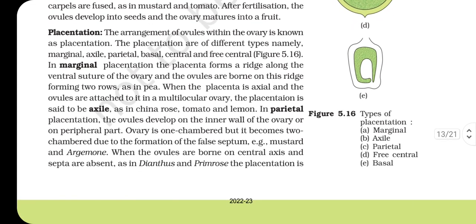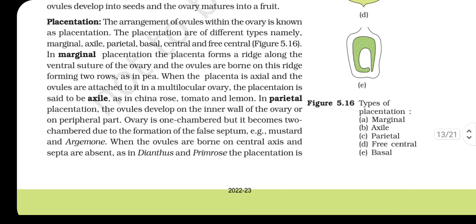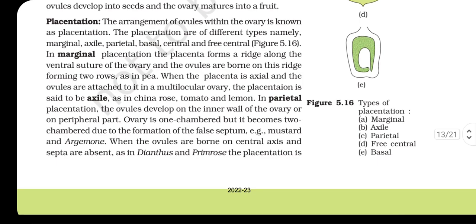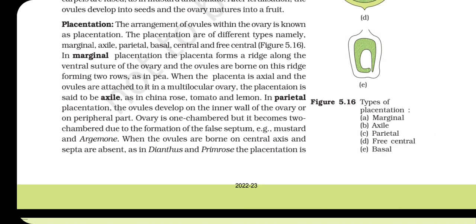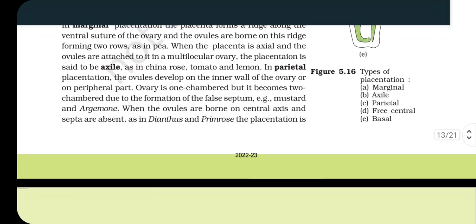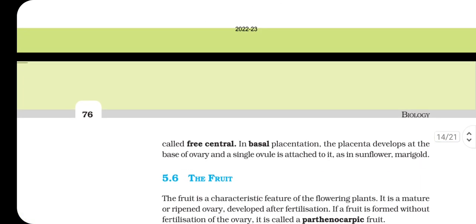When the ovules are borne on the central axis and septa are absent, as in Dianthus and primrose, the placentation is called free central. In basal placentation, the placenta develops at the base of the ovary, and a single ovule is attached to it, as in sunflower and marigold.